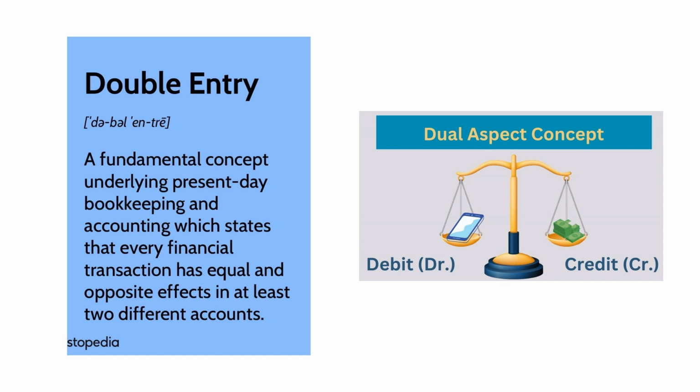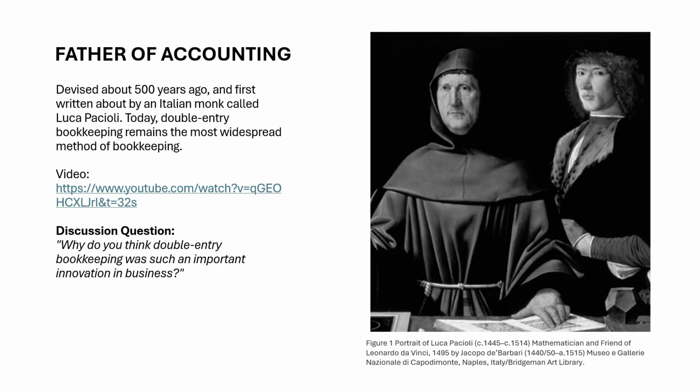Every transaction has dual effects, reflected on the debit side and credit side in opposite directions. Double entry is very vital. I have a question that students could discuss. Why do you think double entry bookkeeping was such an important practice in business?